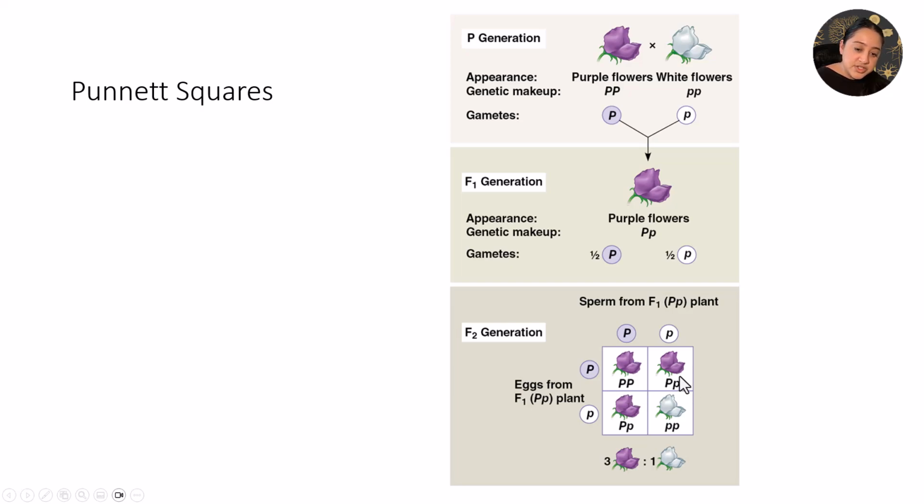If you did these 2, it would have a big P, little p, and then lastly, you would have one that is little p, little p. And so that is the ratio, right? 3 purple flowers to 1 white flower. So if this was 1 generation, this is the odds that it would be. And so this accounts for that ratio that he saw with all these different traits.